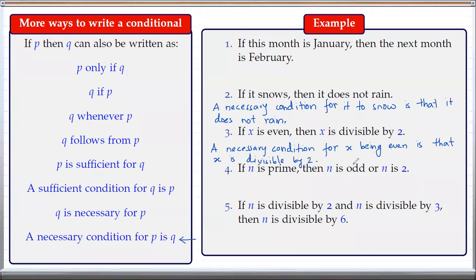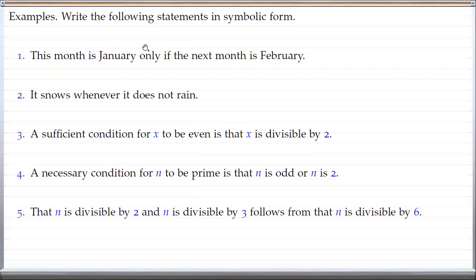So these are some of the ways of writing a conditional. Now let's look at a few more examples where we write these given conditionals in different formats in symbolic form.